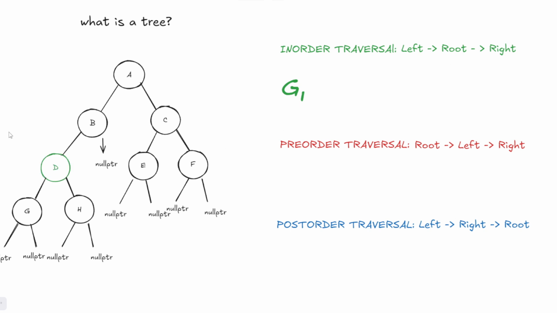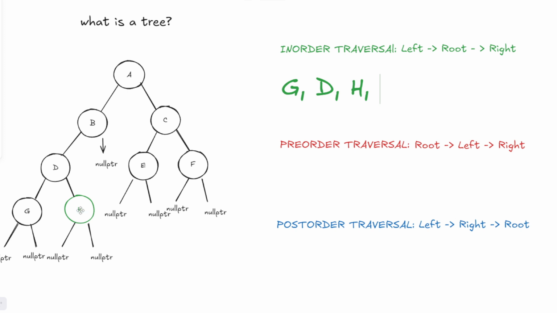We are visiting D. So when we finish D, we go to its right subtree, which is H. Now when we go to H, we check its left subtree, which is null. Then we check itself. So now we visited the root itself, which means we can print it. Now when we finish H, we can go to its right subtree, and we find out that it's also null.